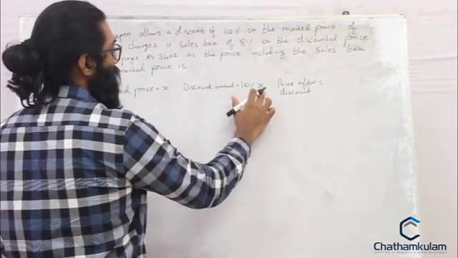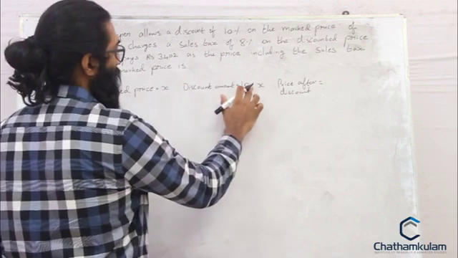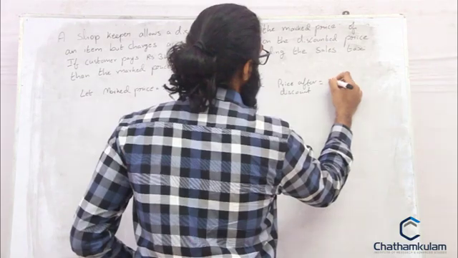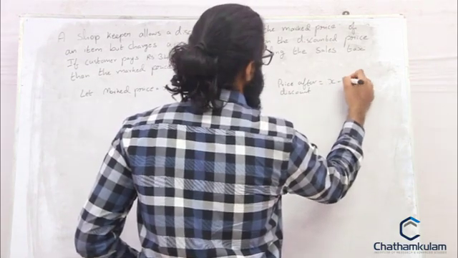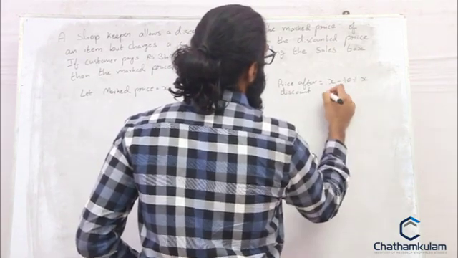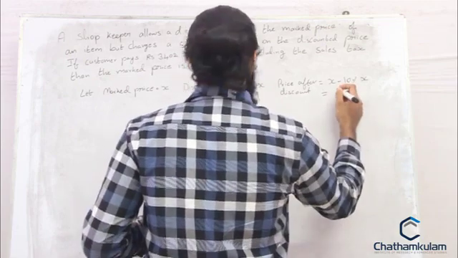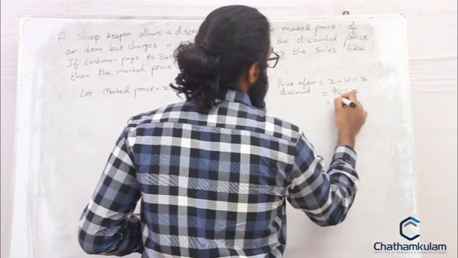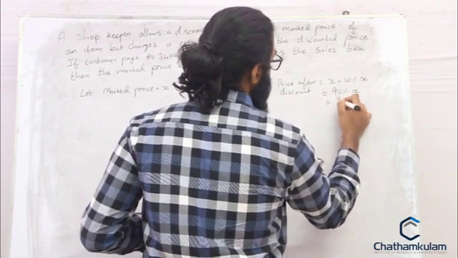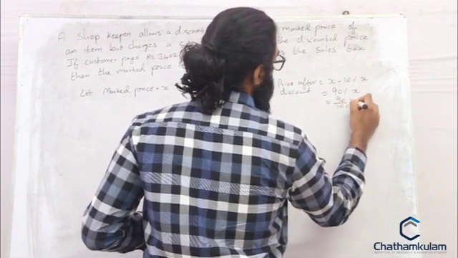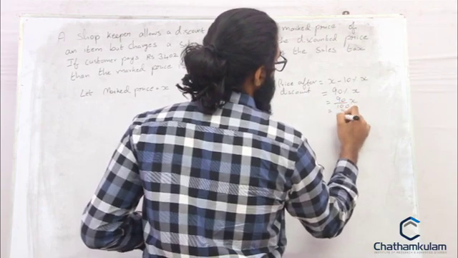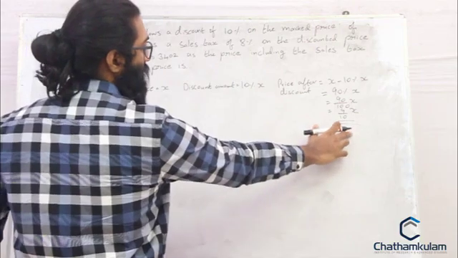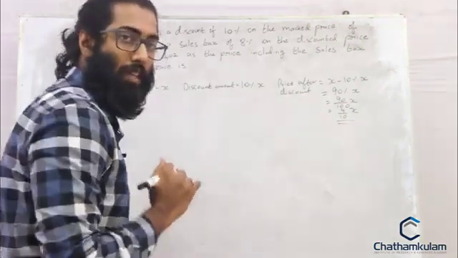So we subtract 10% of X from this X. So we get X minus 10% of X, which will be equal to 90% of X. That is 90/100 X, which is equal to 9/10 X, right? So this is our price after the discount.